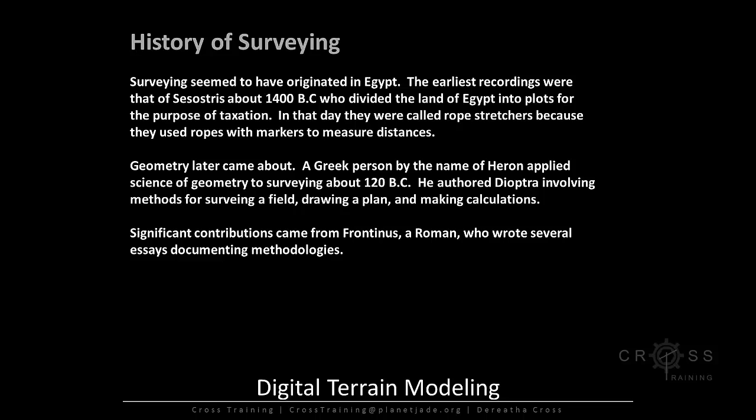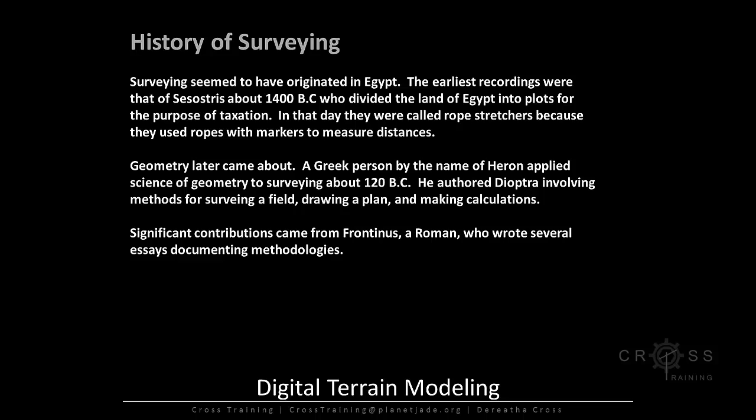Surveying seems to have originated in Egypt. The earliest recordings were that of Sesostris about 1400 BC, who divided the land of Egypt into plots for the purposes of taxation. In that day, they were called rope stretchers. They weren't called surveyors, because they used ropes with markers to measure distances. Geometry later came about. A Greek person by the name of Heron applied the science of geometry to surveying about 120 BC.